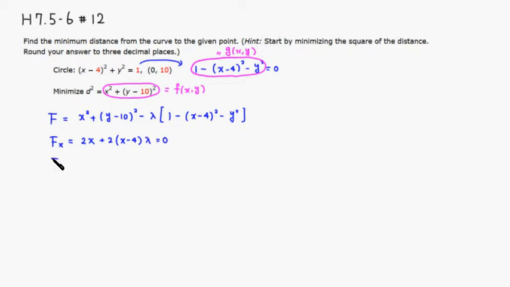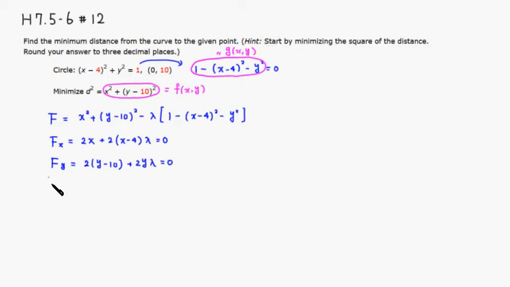The partial of capital F with respect to y: the partial of that is 2 quantity y minus 10, then the partial of that is negative 2y with negative lambda, positive 2y lambda, equal to 0.